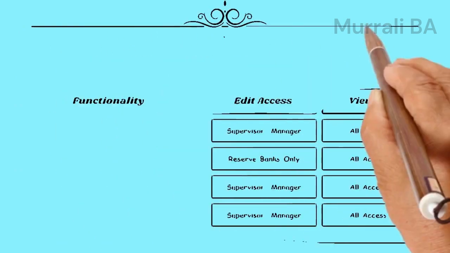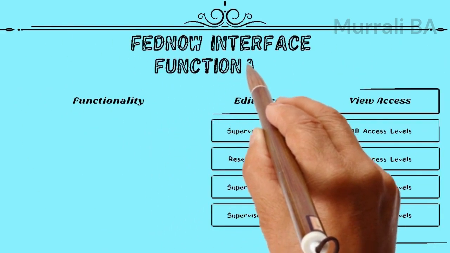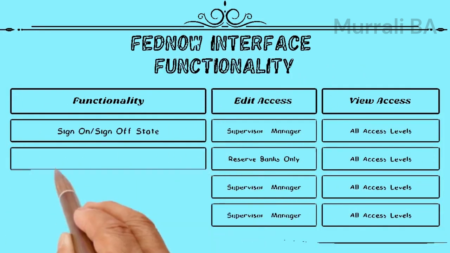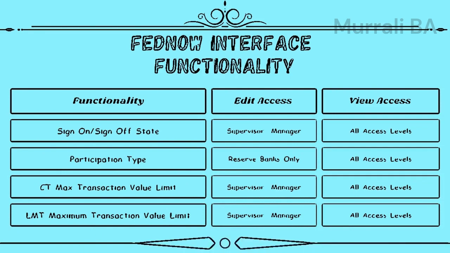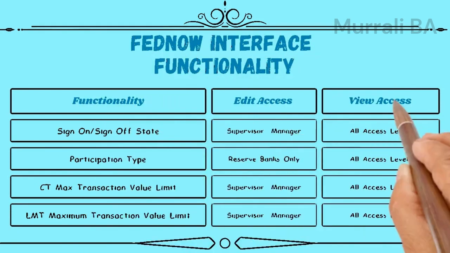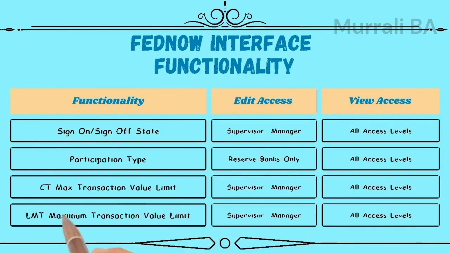Also, in this slide, let's see the various features available in the FedNow interface. A bank can perform the following functions using this FedNow interface based on the access level, because only manager or supervisor alone are provided with the edit access and all other roles have the view access.